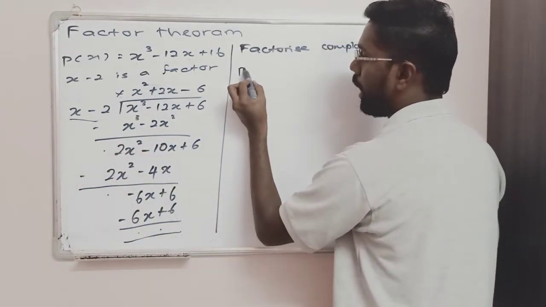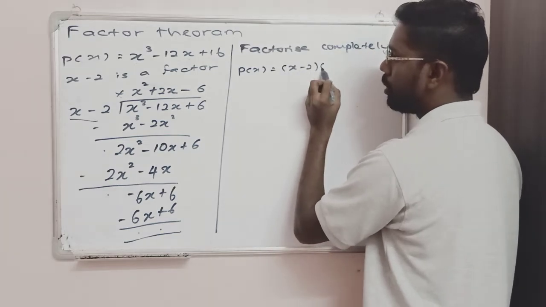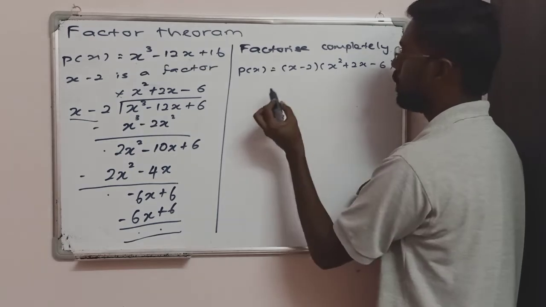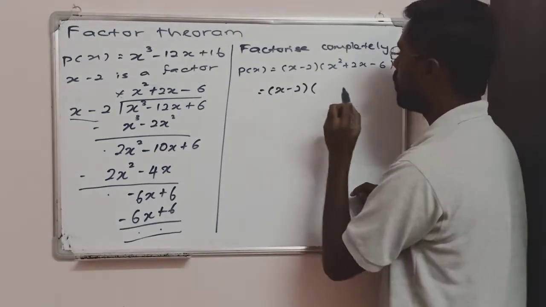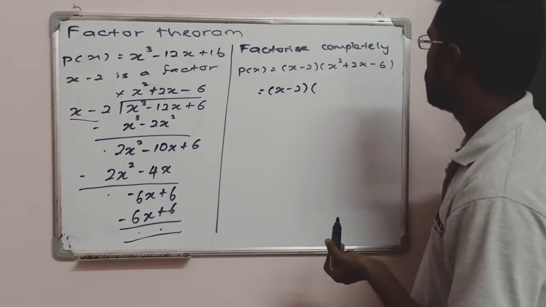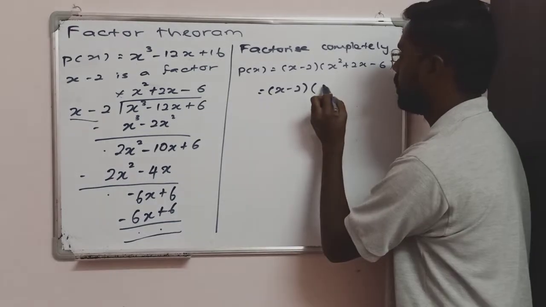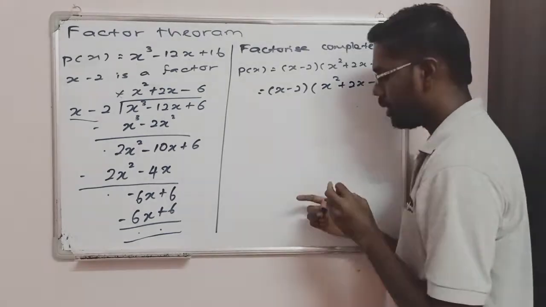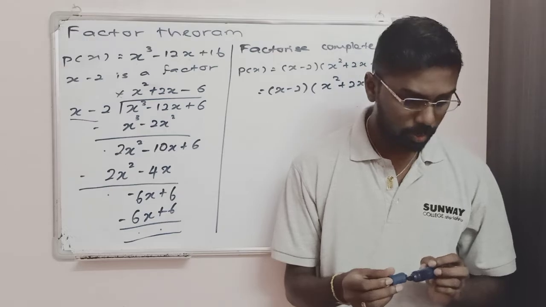So P(x) is equivalent to x minus 2 times x squared plus 2x minus 6. To factorize this further, we cannot factorize this, so we can leave it as it is. So x squared plus 2x minus 6. This will be the final answer for factorizing completely.